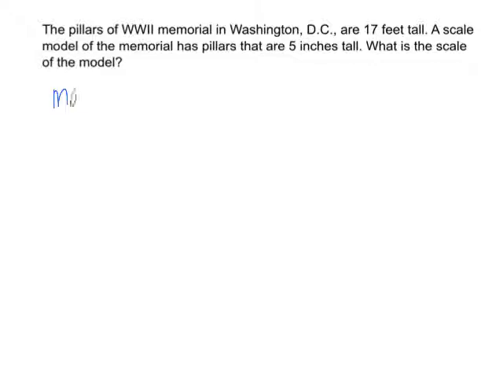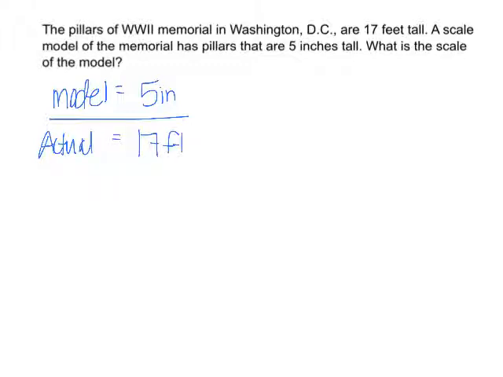So my model is what I want to do first. On my model, I have 5 inches, and then my actual is 17 feet. And I want that to be equal to, if I have 1 inch, how many feet do I have? So that's my x.